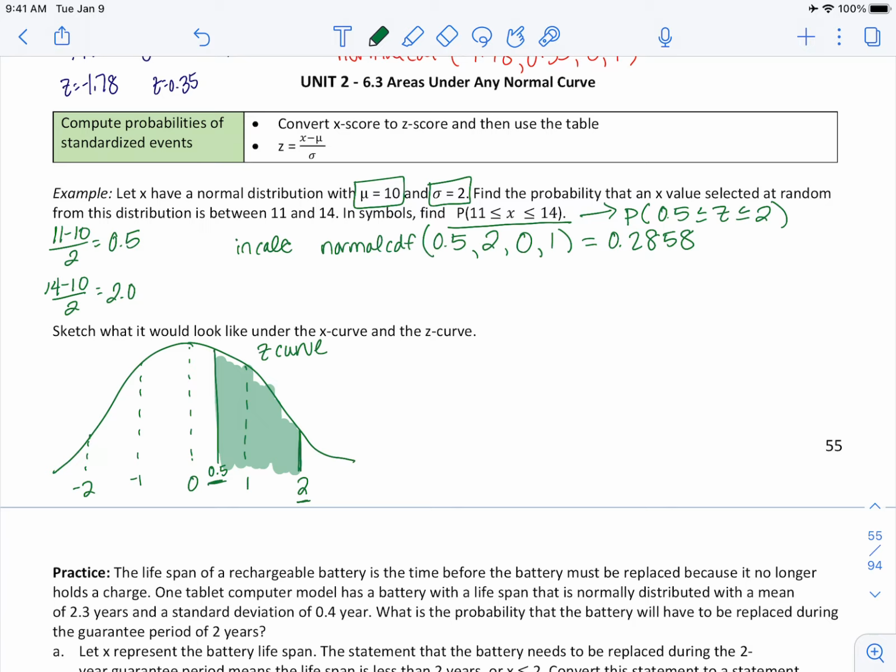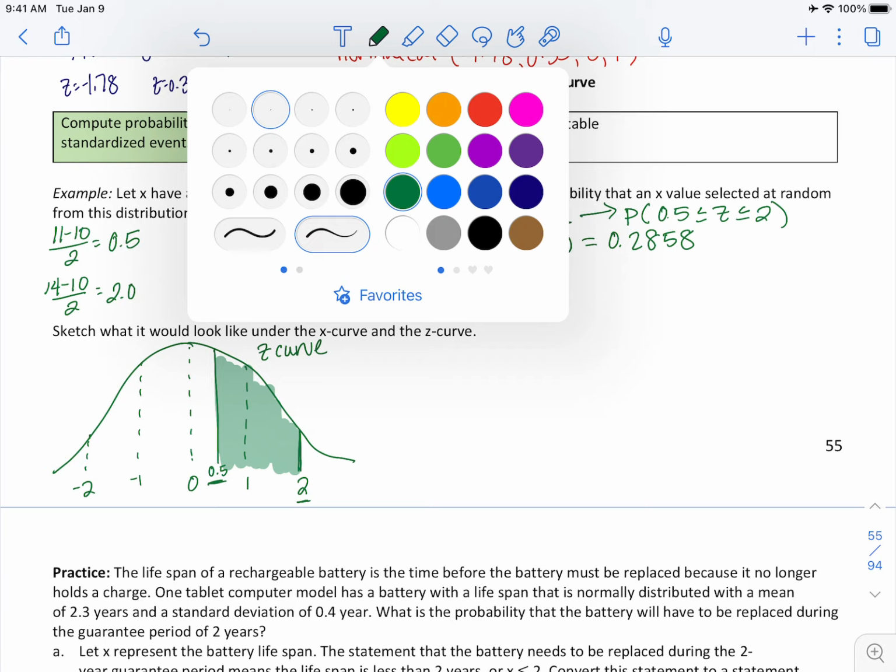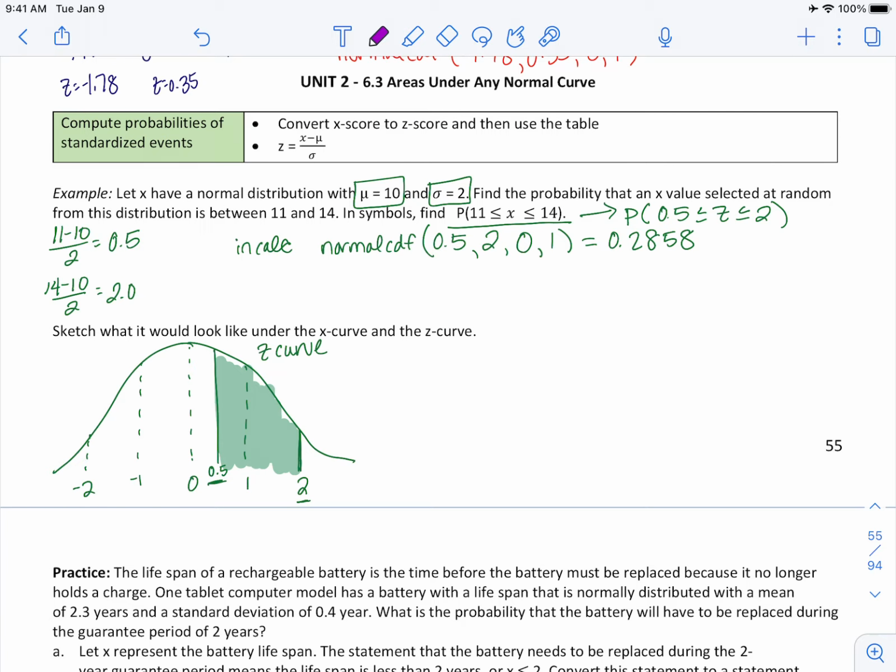Now, another way we can do this is using the original values without converting to z-scores. So in your calculator, you can also do normal CDF, and our lower bound is 11, upper bound is 14, our mean is 10, standard deviation is 2. Again, this is lower bound, upper bound, mean, standard deviation.